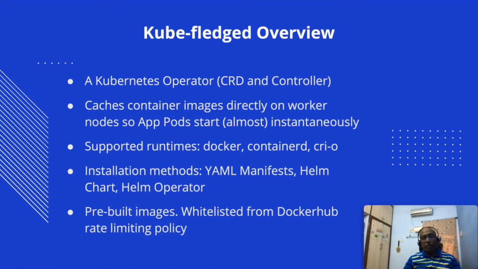And Cube-fledged provides you with pre-built images for all the components in Cube-fledged. And another interesting advantage that you get is the pre-built images which are hosted in Docker Hub. These images are whitelisted from Docker Hub's rate limiting policy. So you can immediately start using Cube-fledged without worrying about Docker Hub's rate limiting policy.